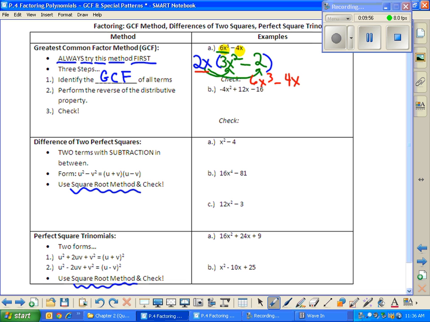Part B, I put this in here because it comes up a lot. Do you see how the a value is negative? What I mean by the a value is that these coefficients go in alphabetical order. We usually call this guy A, this guy B, this guy C, right?